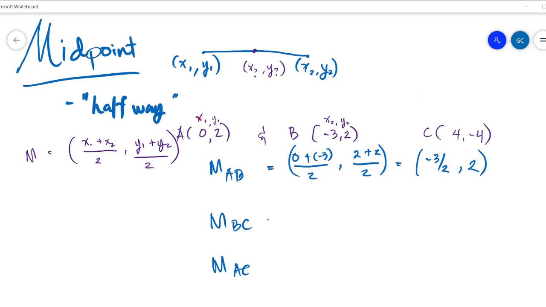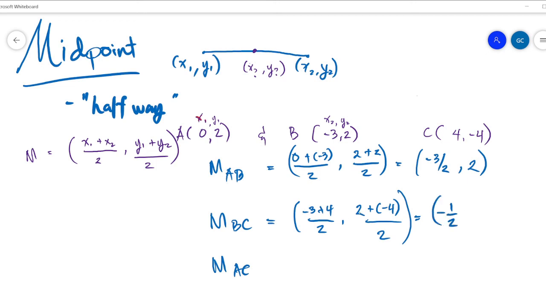So let's try BC, same process. We just need to add -3 plus 4 and divide by 2. And we have 2 and -4, we just add that. So we have -3 plus 4, that will be 1, and 1 divided by 2 is simply 1 half.